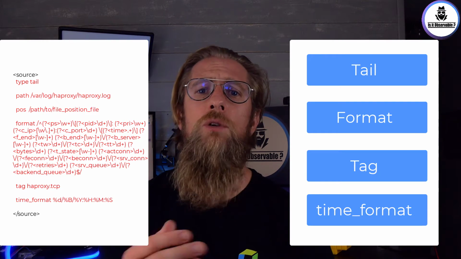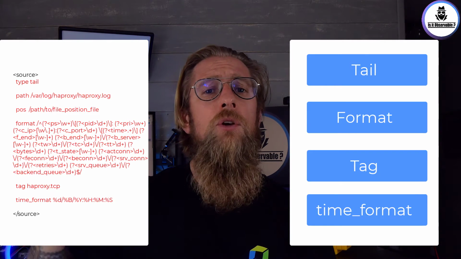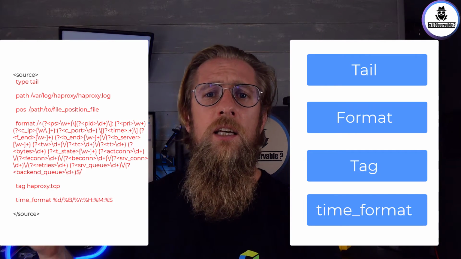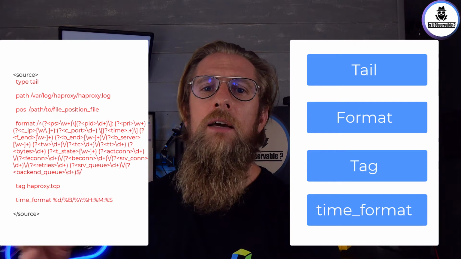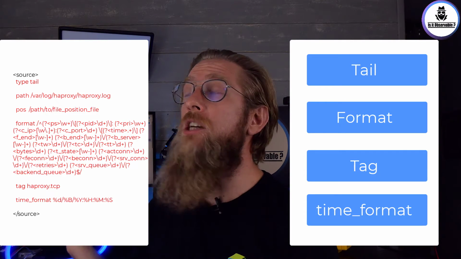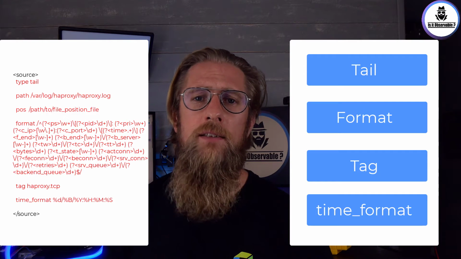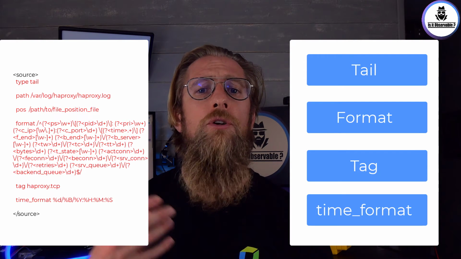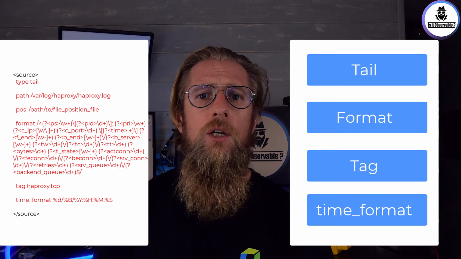Once you restart it, it will look at this position file. Then we use format. We expect a specific format of our logs, and if it's the case, we can tag. It will tag with haproxy.tcp, and then we can also add a time format to this logstream.